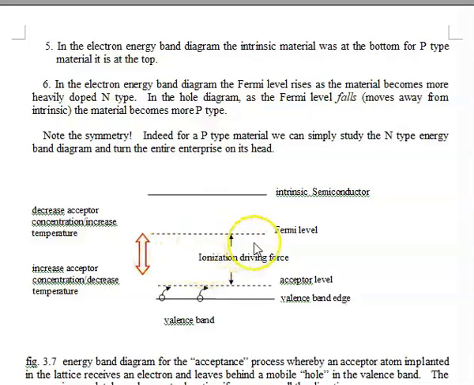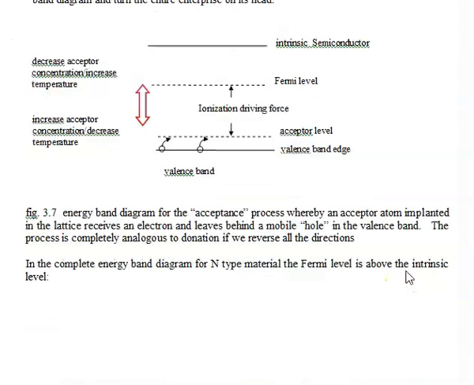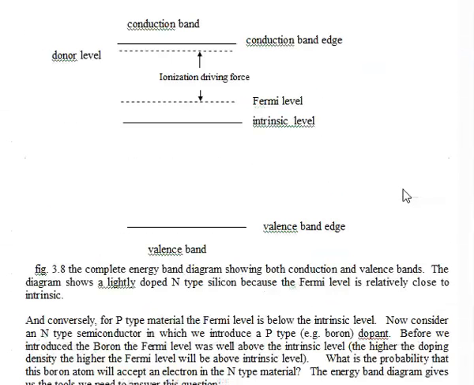So the Fermi level goes down as we increase the number of boron atoms, and therefore it becomes harder and harder for the silicon lattice to accept an electron from the boron. So I won't say too much more about that. You can read about it in the text, and I know it's confusing. It was certainly confusing for me when I first learned this, and we're going to leave it at that right now, and we're going to attack it again next time from a slightly different angle.